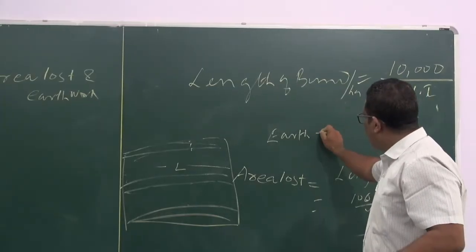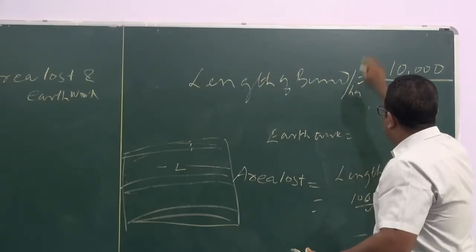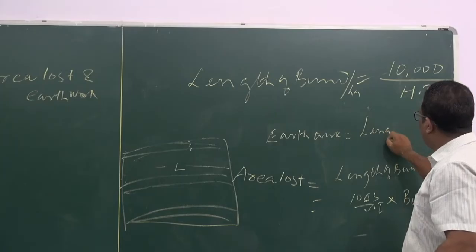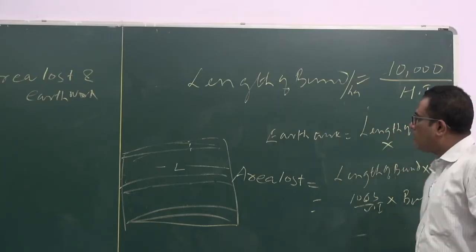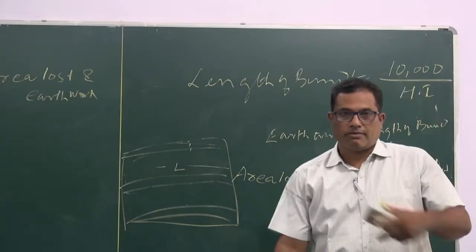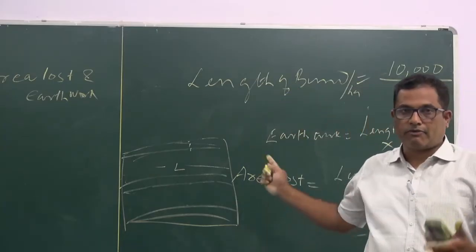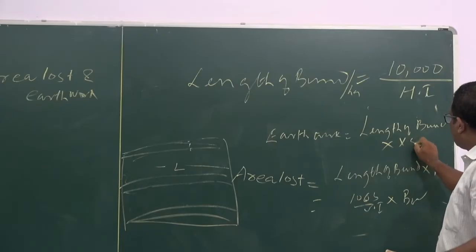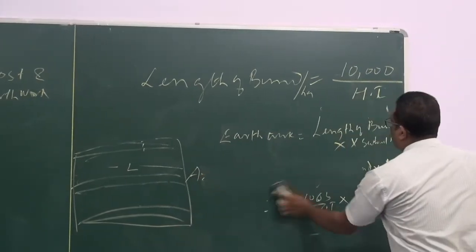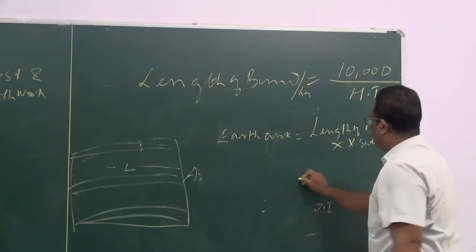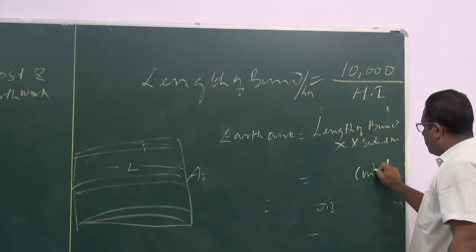So if you know the total length of the bund and the cross-sectional area, which we have derived previously, then the total earthwork will be the total length into the cross-section, in cubic meters.